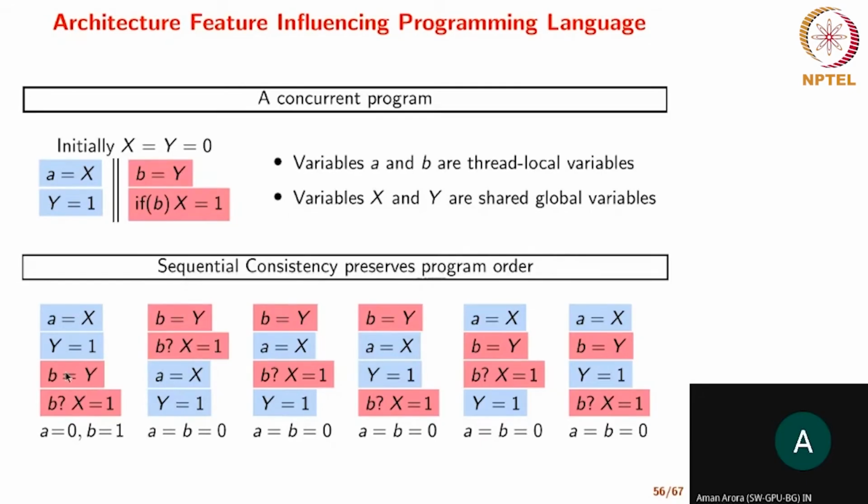Sequential is not the same as strong. Strong says threads can execute in any order, but within a thread you cannot reorder. Sequential says you can interleave, but within a thread you are not allowed to reorder. And relaxed says within a thread also you can reorder.